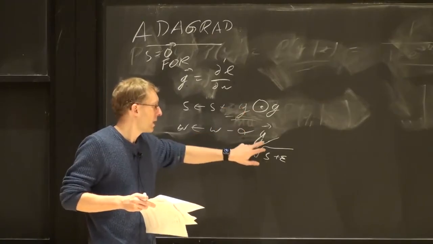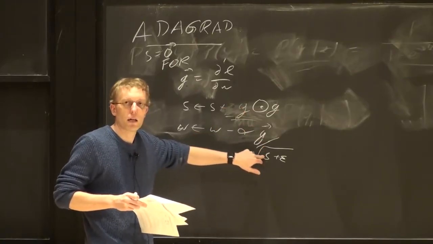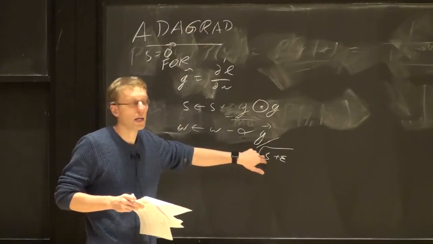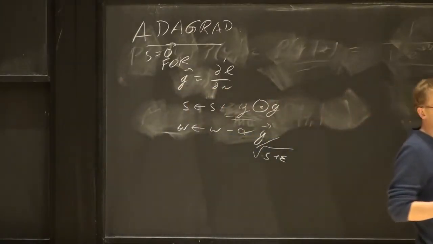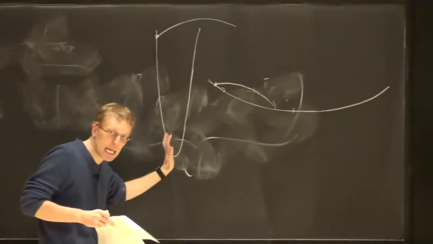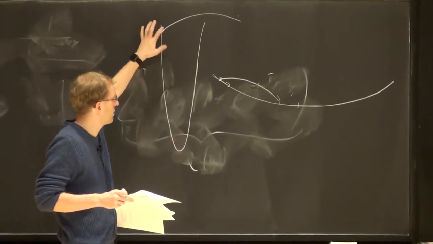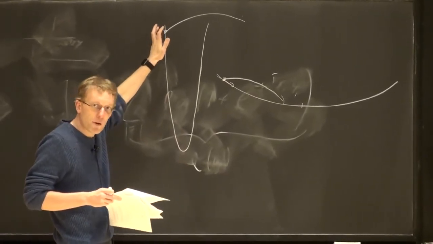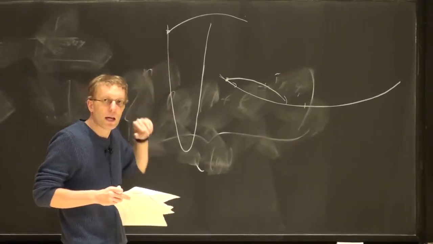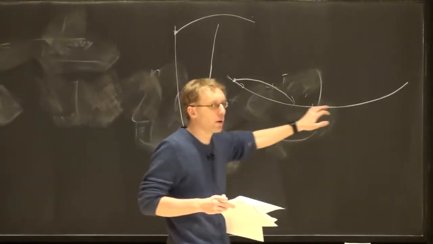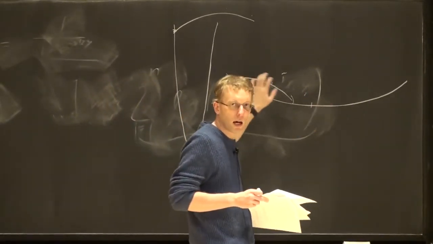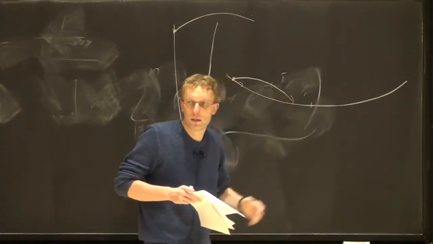So if I divide the gradient by it, the step size is going to be really small. So in some dimensions I will have very steep surfaces; for those, I take small steps. In other dimensions, I have very shallow surfaces; I take large steps.